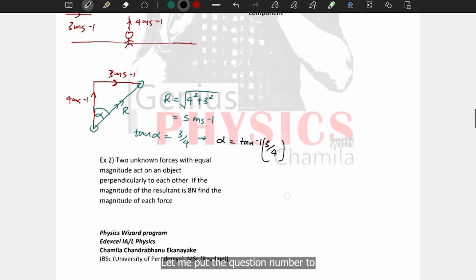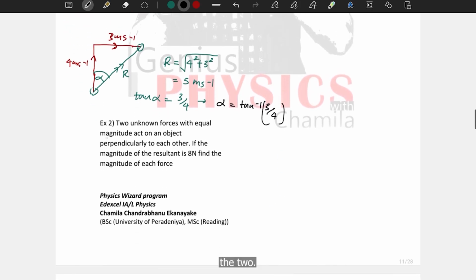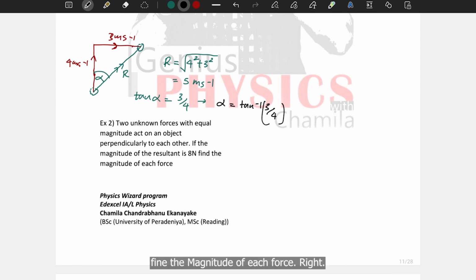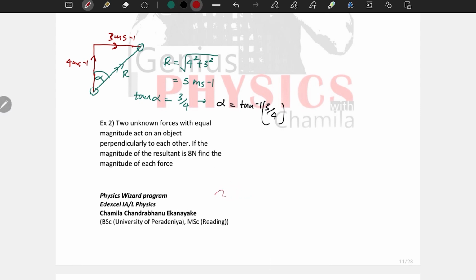Let me do question number 2. Two unknown forces with equal magnitudes act on an object perpendicularly to each other. If the magnitude of the resultant is 8 newtons, find the magnitude of each force, right? It is a relatively simple question.